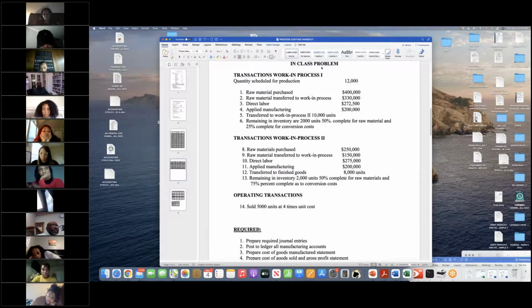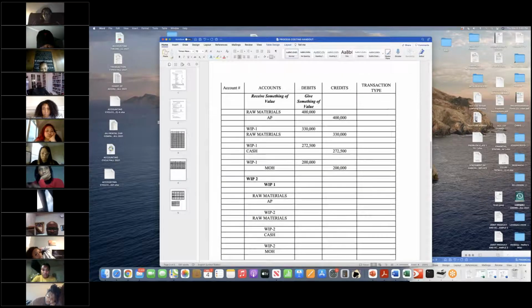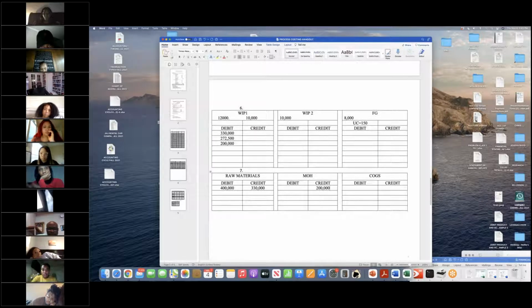So we were supposed to work on how many? 12,000. So 12,000 were the number of units that we transferred in to work on, but only 10,000 were completed to go to work in process 2.